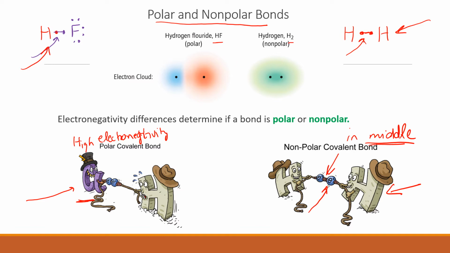Chlorine will pull these electrons towards itself, and hydrogen, although one of the electrons belongs to hydrogen, will lose that electron partially because chlorine is able to pull that electron away from hydrogen. So that's why hydrogen is losing it.